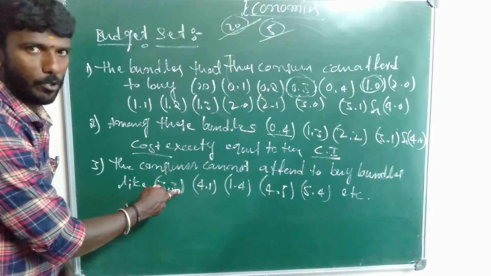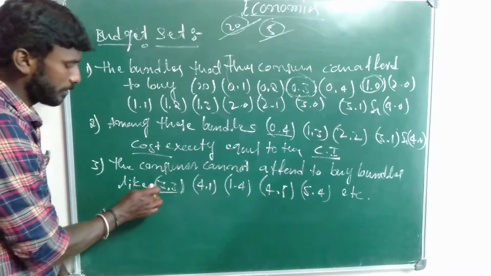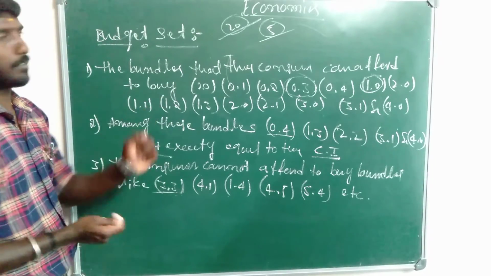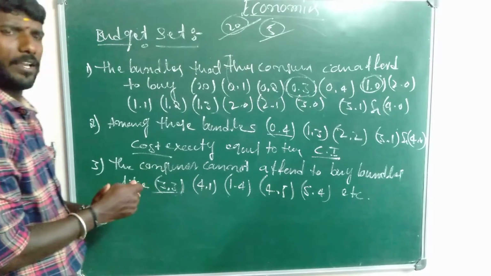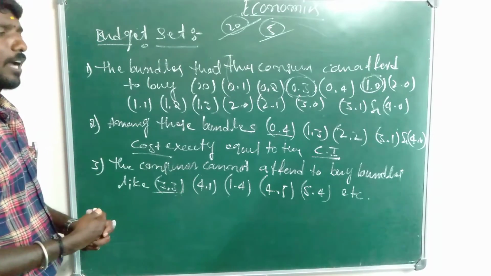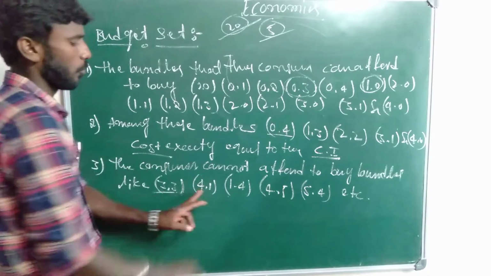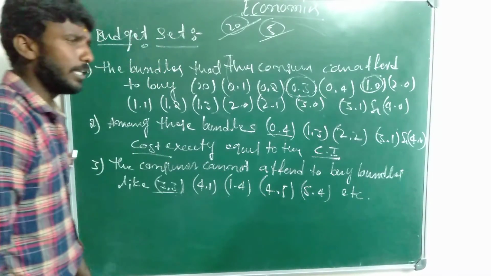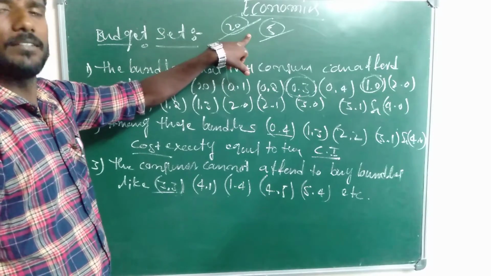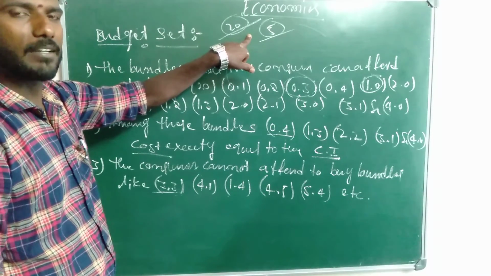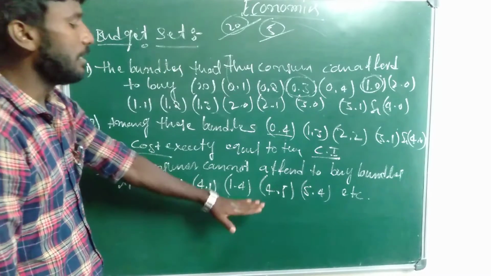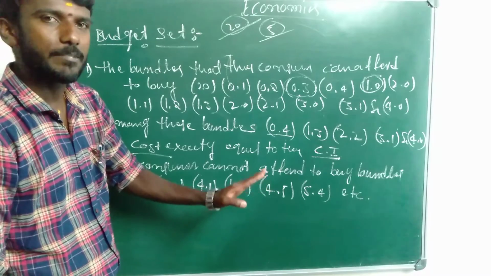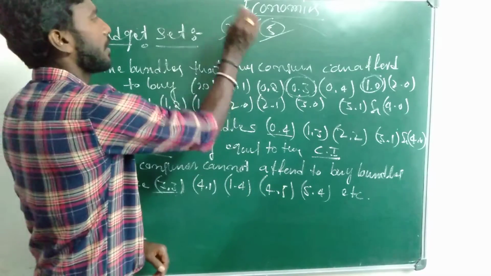X1 price is 5 rupees, X2 price also 5 rupees. 3 into 5, 15. 3 into 5, 15. 15 plus 15, 30. But consumer income is 20. That's why this bundle cannot be afforded. Same as in the remaining 4 1, 1 4, 4 5, 5 4 like that. Totally, with the help of this limited income of 20 rupees, the consumer cannot afford all these bundles. Why? Because these bundles cost more than, or greater than, the consumer income.